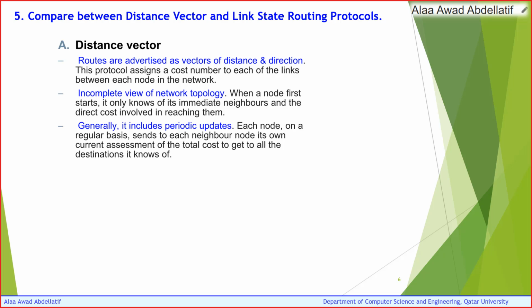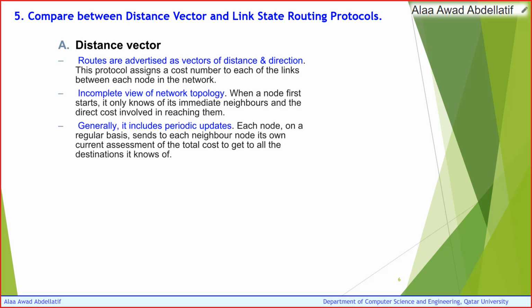This protocol assigns a cost number to each link between each node in the network. Second, it has an incomplete view of network topology. When a node first starts, it only knows of its immediate neighbors and the direct cost involved in reaching them. So in distance vector, we generate an incomplete view of network topology.